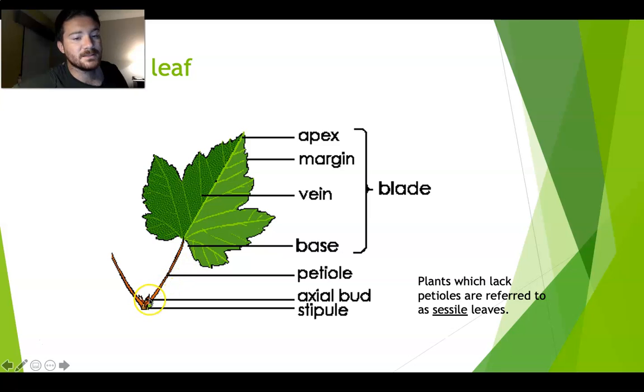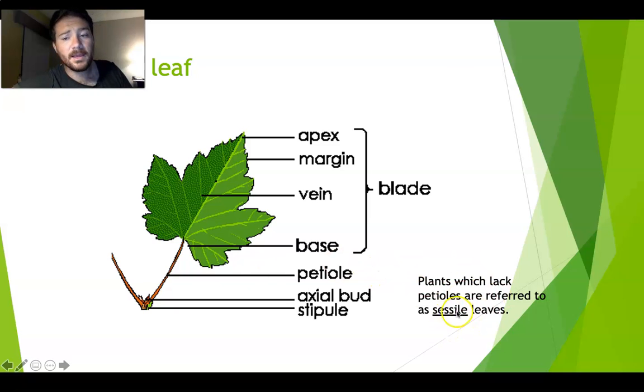The petiole extends the leaf off from the plant. That's useful for photosynthesis. It extends off the plant to get a little bit more surface area and get a little bit more access to sunlight. And the axil bud and stipule will not be on the quiz or test, but the axil bud is where the plant actually grows from, and it is a little portion that the tree hollows out that the leaf can extend from.